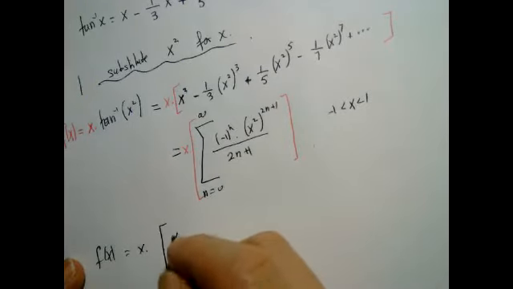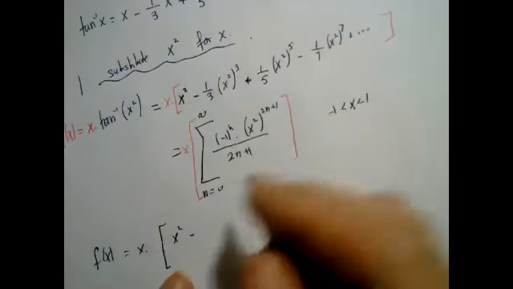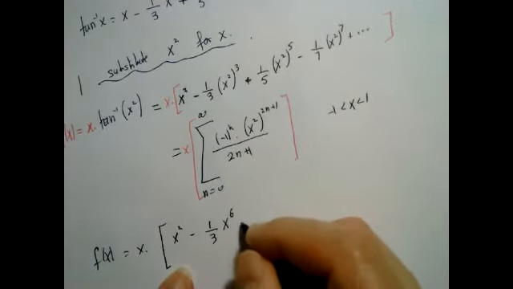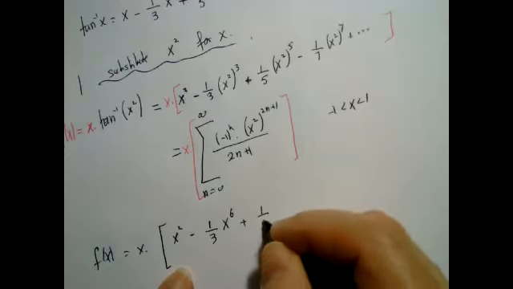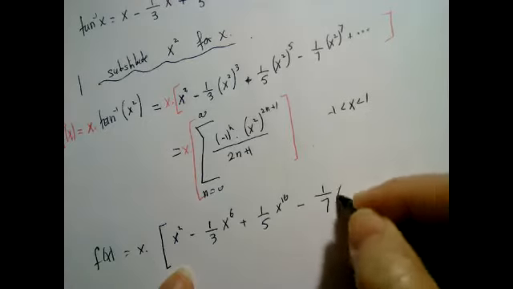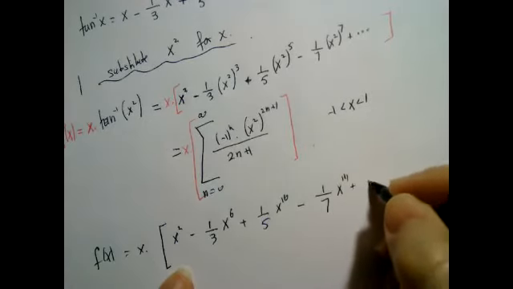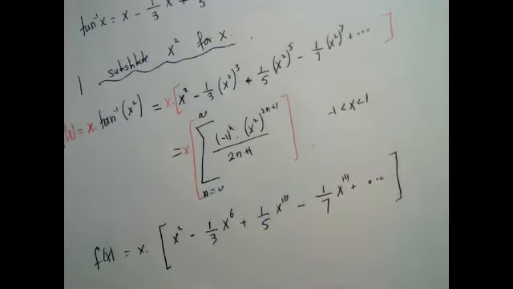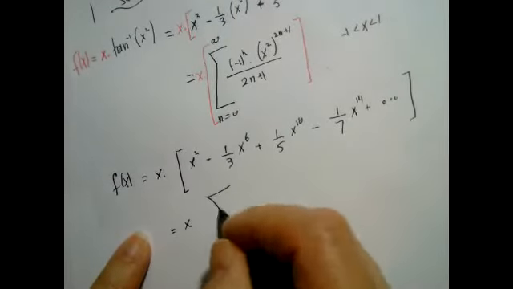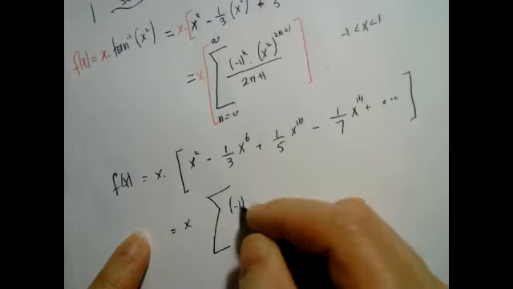x squared. Now I'm getting rid of those parentheses. x to the 6, x to the 10, x to the 14, plus so on. So it's going to be equal to x times the sum of minus 1 to the n.